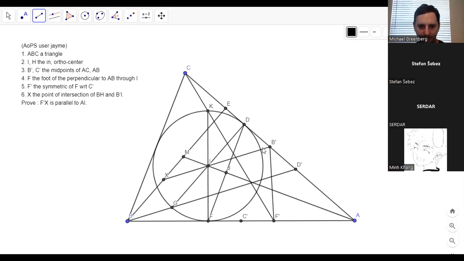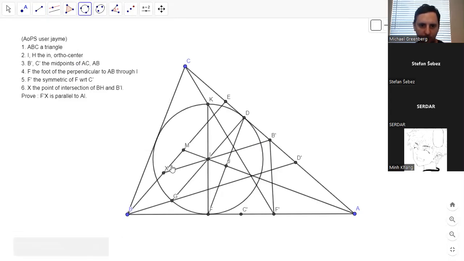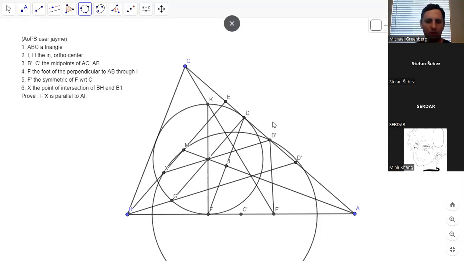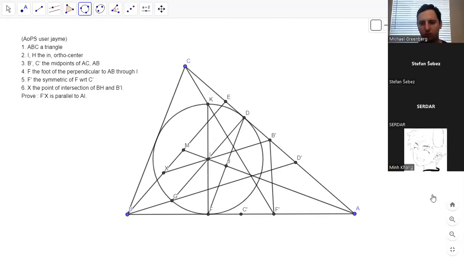Okay. Can you name the intersection of B prime, F prime, and AI? Okay.